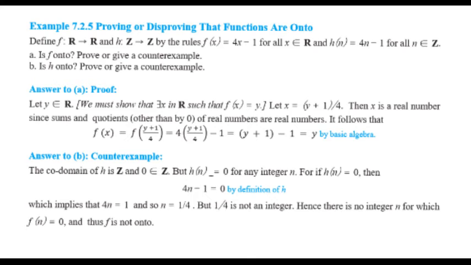Why? Because the domain of h is also the set of all integers. But we all know that 1 over 4 is not an integer, and that's why we can conclude that there is no integer n such that f of n is 0, and 0 is not covered by function f, and that's why f is not an onto function.